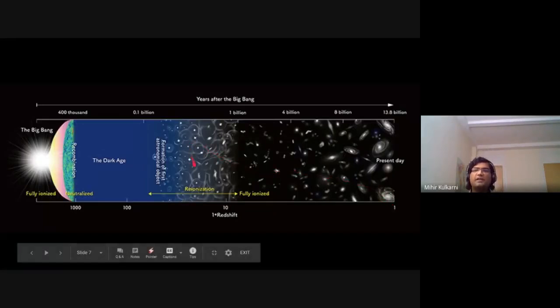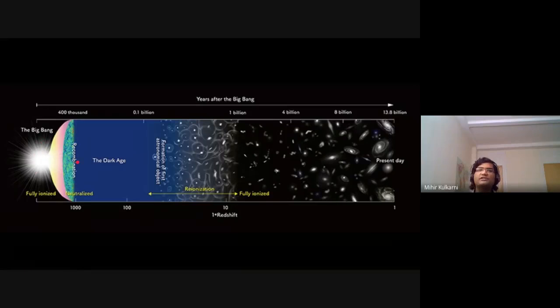So this is a schematic diagram of the cosmic history of the universe. After the Big Bang, the universe was very hot, and up to nearly 400,000 years after the Big Bang, the universe was ionized. That is, protons and electrons were separate and they were coupled with radiation.